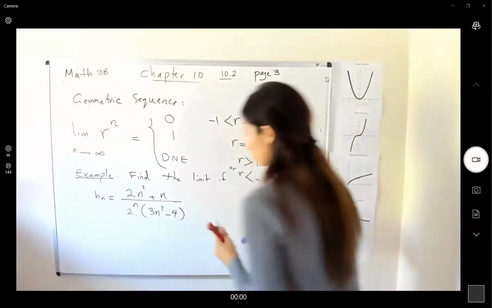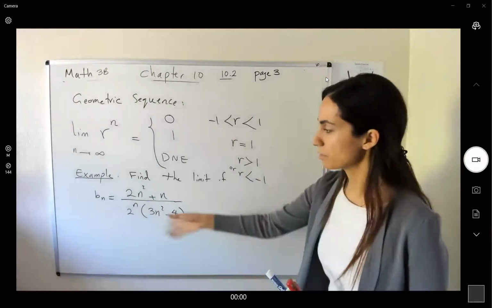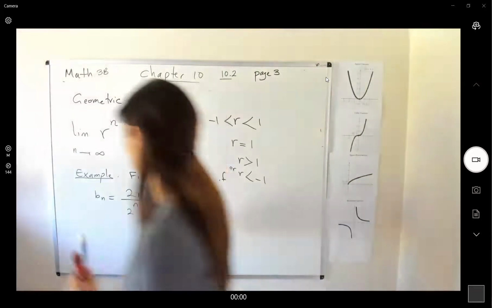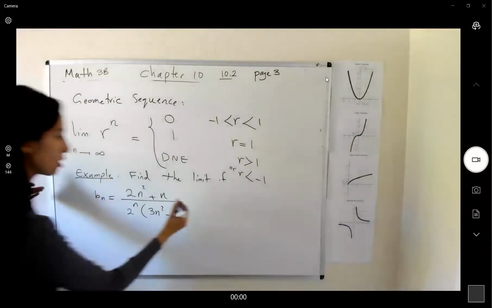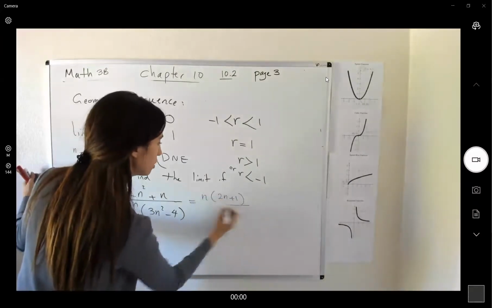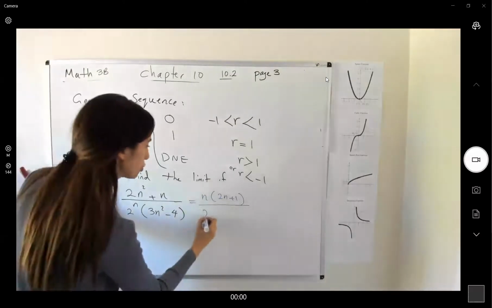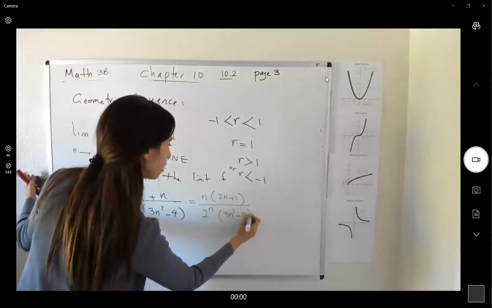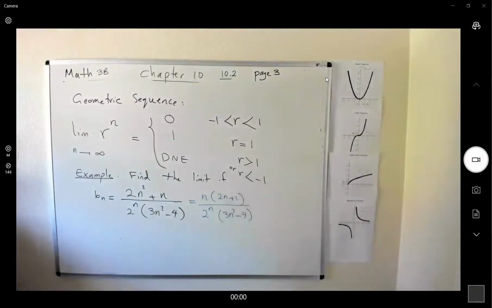Okay. Perfect. So let us write this in a simpler format so we can analyze this sequence. This can be written as n(2n plus 1) divided by 2 to the n times (3n squared minus 4).